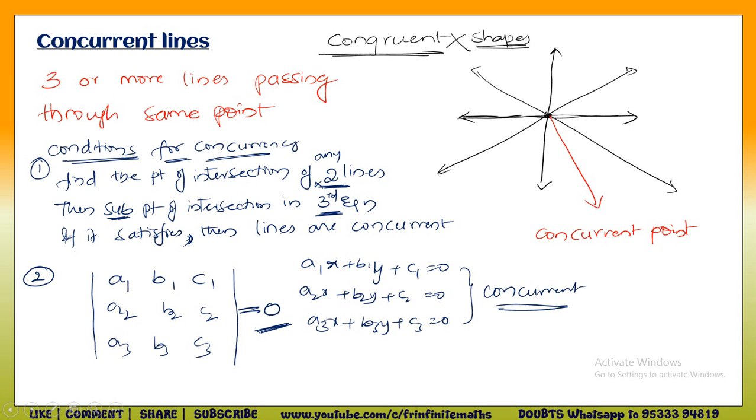Using this point of concurrency concept, we can find the centroid of a given triangle, the circumcenter, the orthocenter, and the same way the excenter.